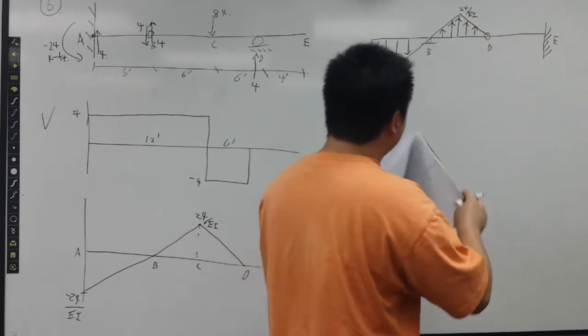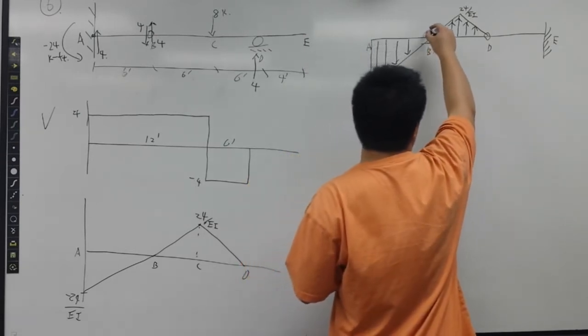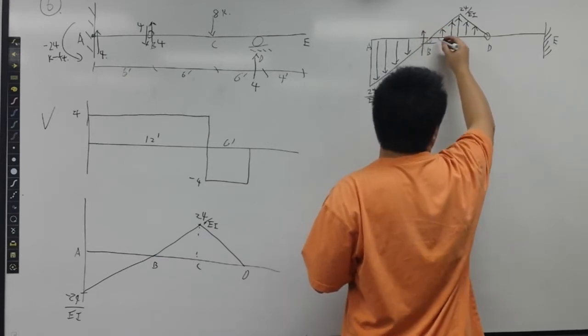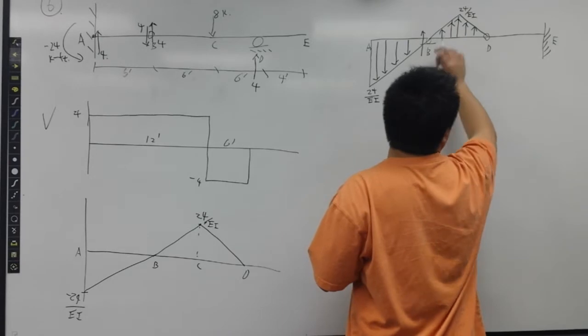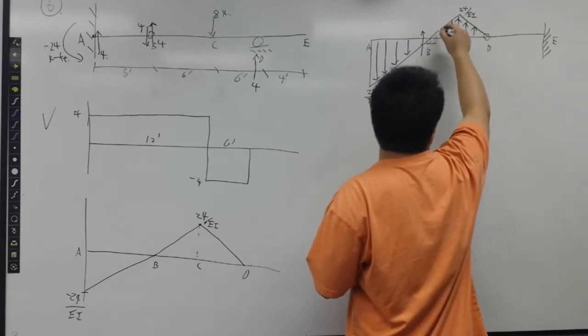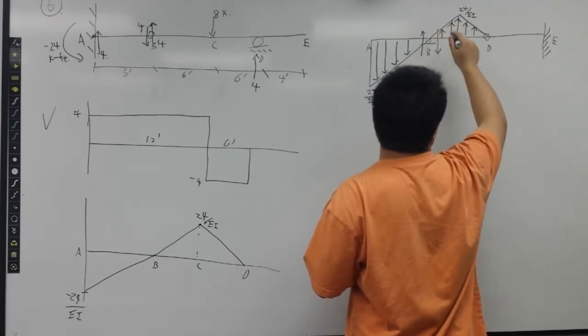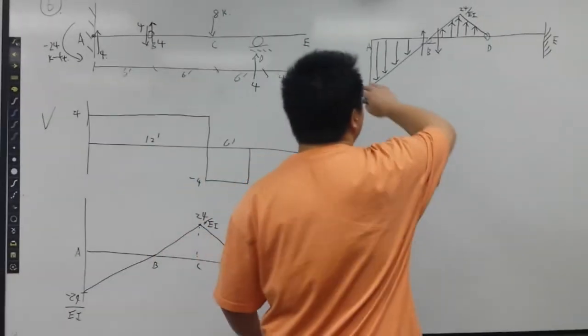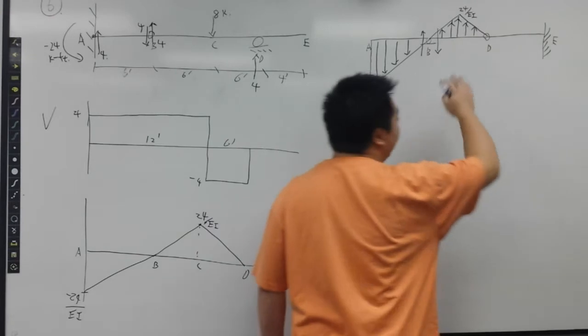B. So we're going to determine the shear for this one and the shear for this one. And before we do that, since we have a new beam, we have to find all the reactions.